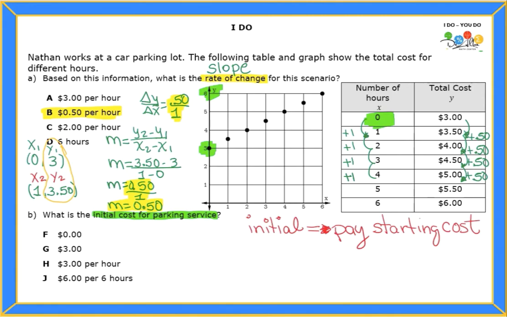That means you have not even used 1 hour in the parking lot, and they're already charging you how much money? $3. Do you think that means the initial cost already? It seems like they're already charging you $3 as the initial cost of your usage of the parking lot.